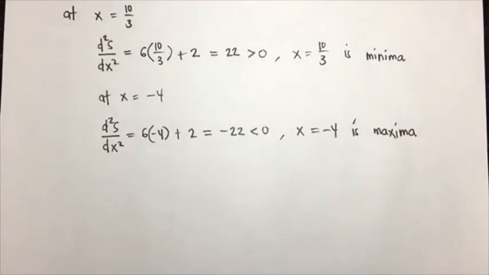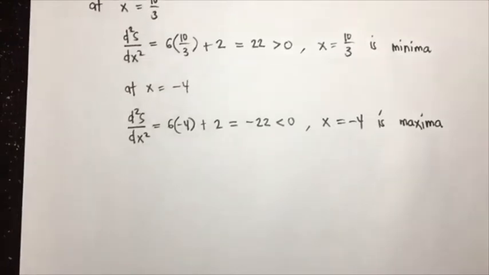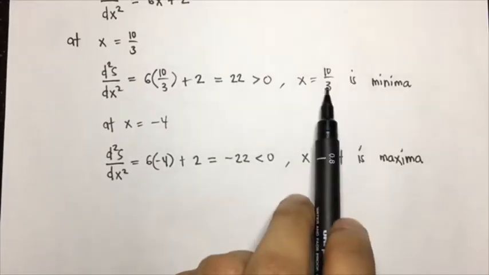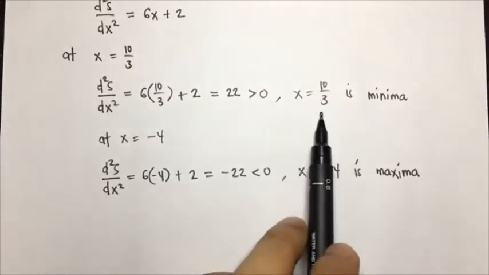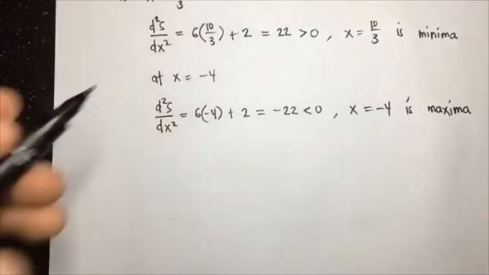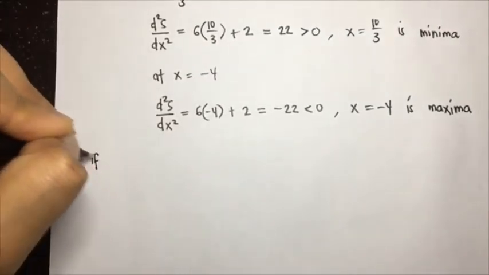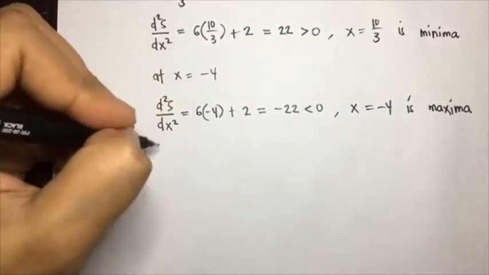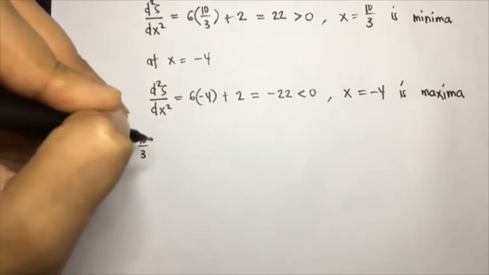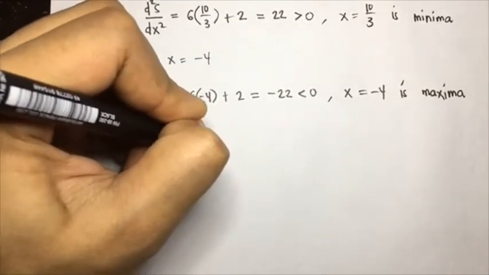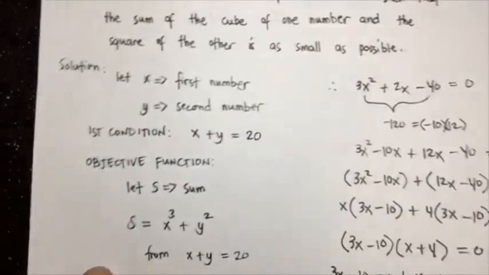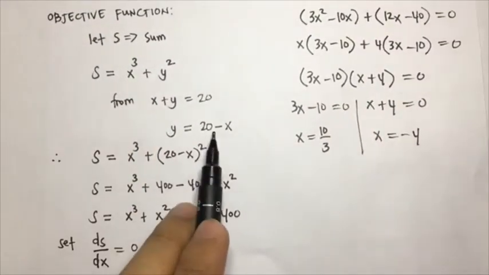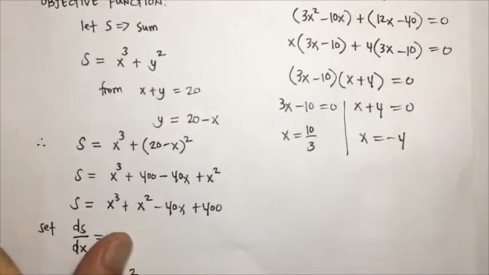Therefore, we have solved for x, so now we solve for y. If x is equal to 10 over 3, then y is equal to, what was our y earlier, y is equal to 20 minus x, because their sum is 20.